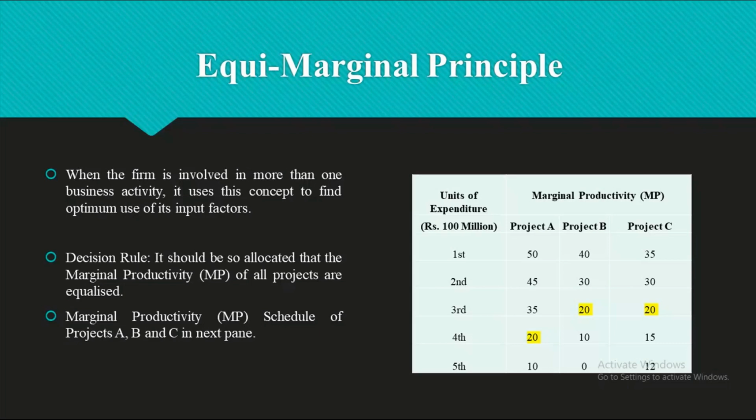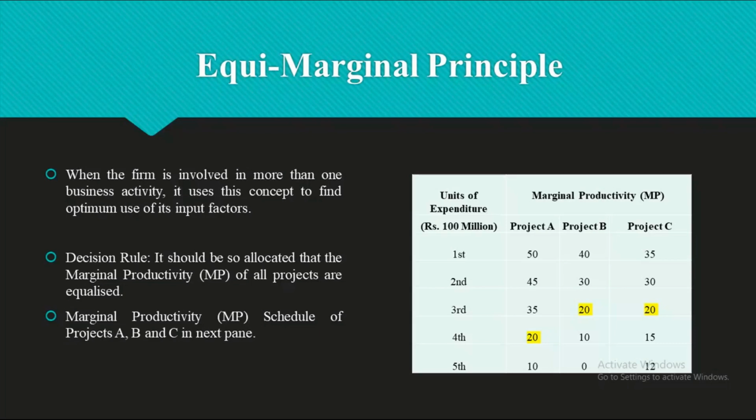So at the first stage, if you are spending say 20 million out of 100 million in project A, it will give you 50 marginal productivity. But if you invest the same amount of money in project B, it will give you 40 marginal productivity, and if you invest that 20 million in project C, it will give you 35 marginal productivity.